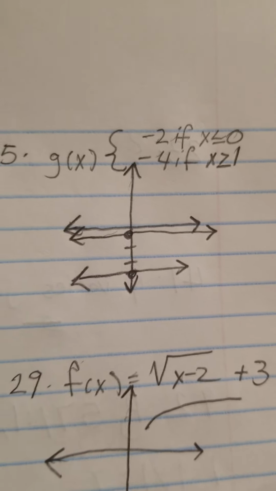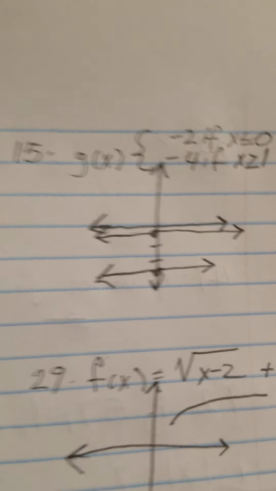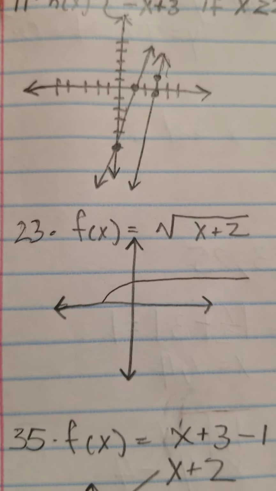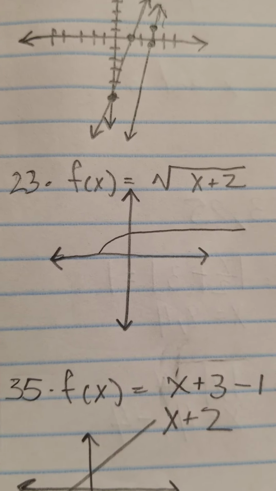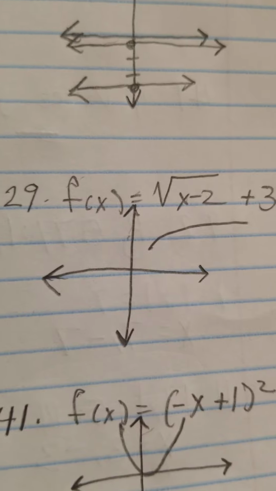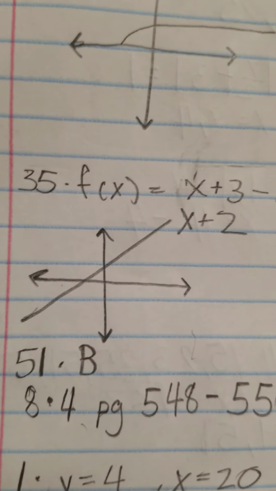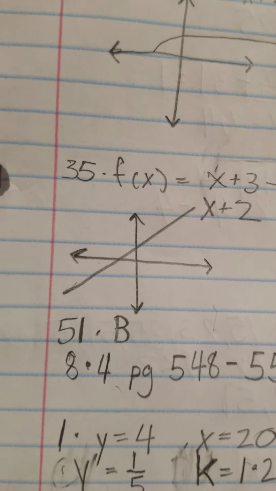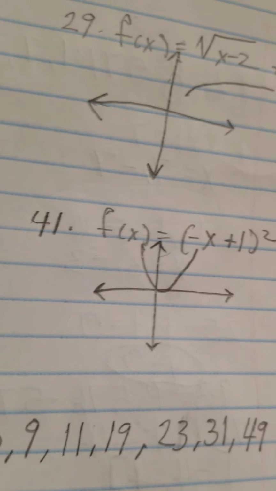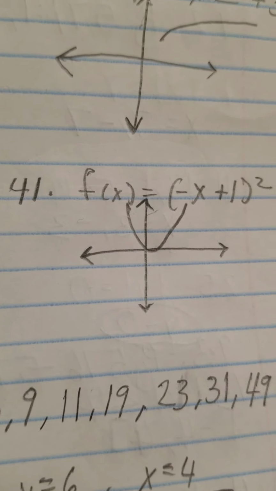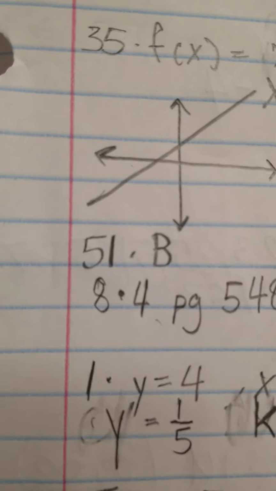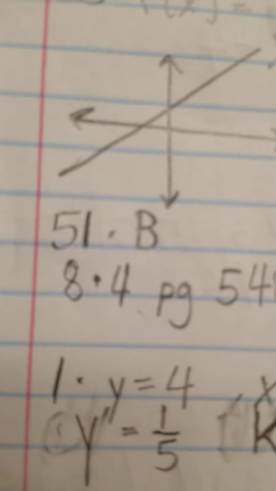Number 15. 23 is a sketch. 29 is also a sketch. 35, yet again another sketch. 41 is a sketch. The answer to number 51 is B.